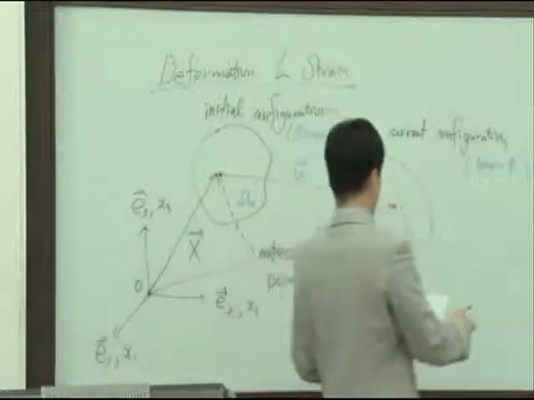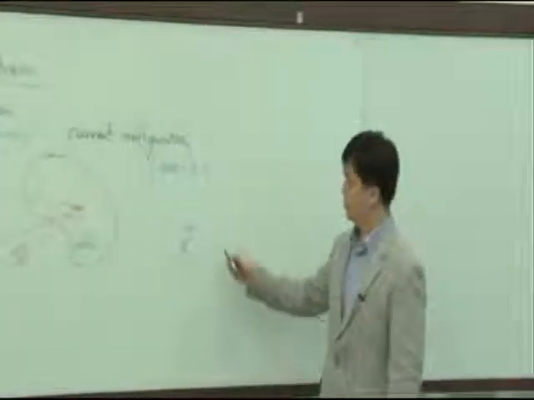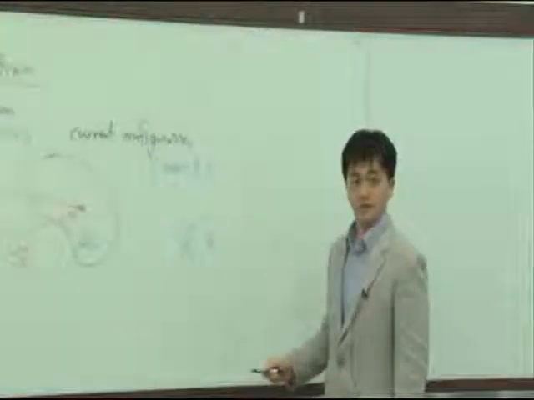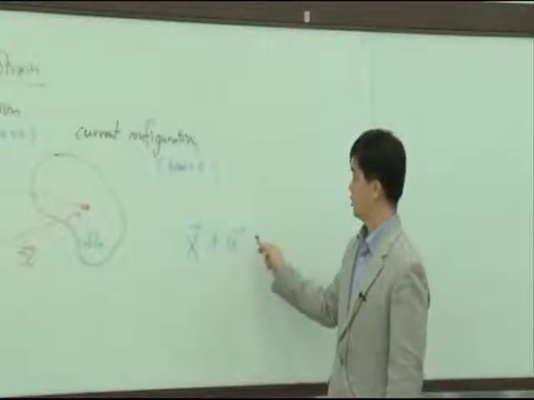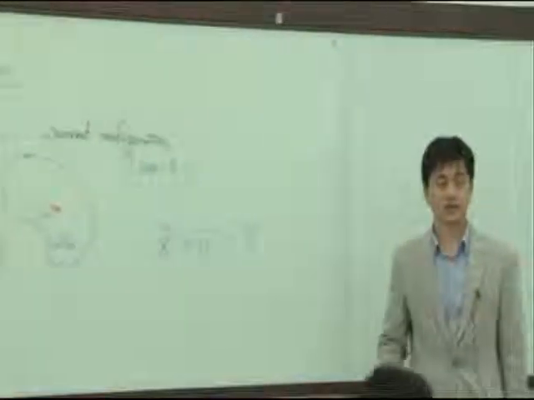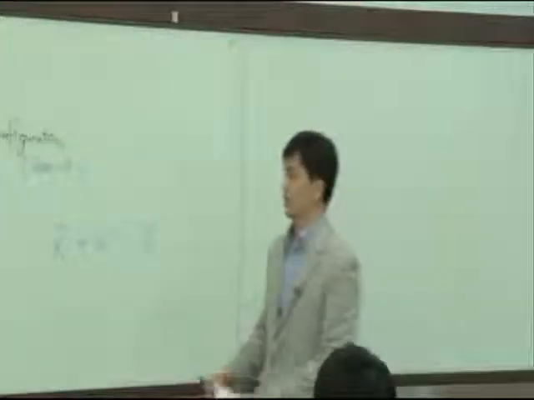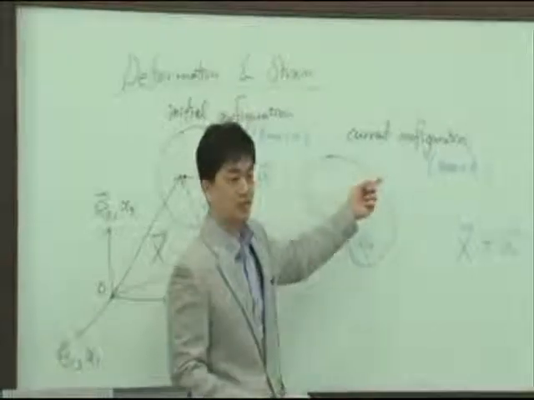Then we have a relation: initial position plus the difference between the two positions, u, equals x. Very simple vector notation, right? Because this vector plus this vector is the same as this vector, right?